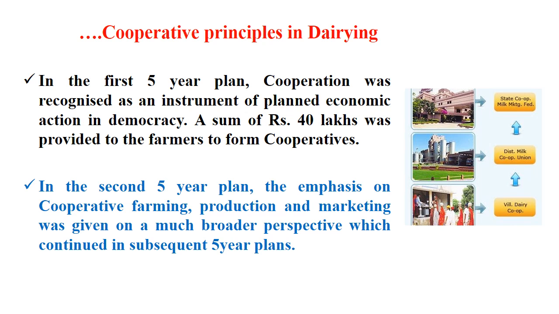In the second 5-year plan, the emphasis on cooperative farming, production and marketing was given on a much broader perspective, which continued in subsequent 5-year plans. So starting from the first 5-year plan, through the second and further, every 5-year plan, cooperative dairy farming has been encouraged and promoted by the government.